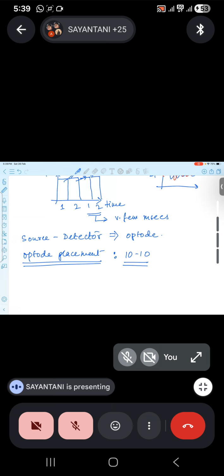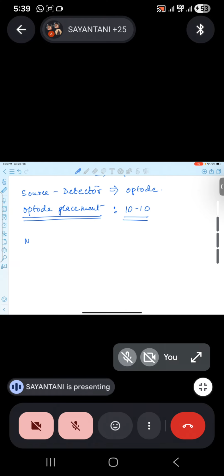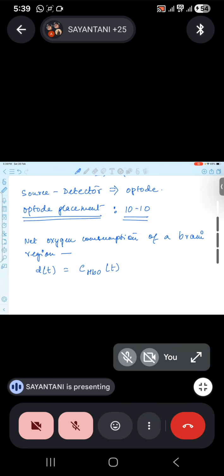Okay. So if you want to ultimately obtain the net oxygen consumption of a brain region, that is calculated like this: the concentration changes of your oxyhemoglobin molecules at a particular time t minus the concentration changes of your deoxyhemoglobin molecules at a particular time t.